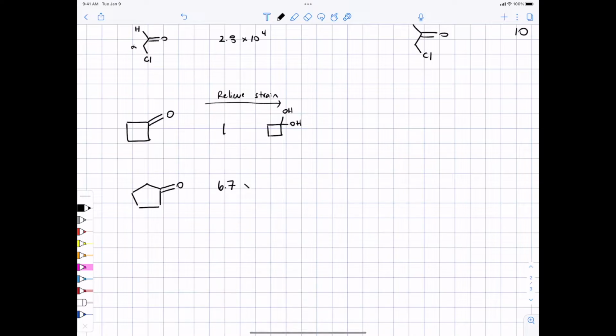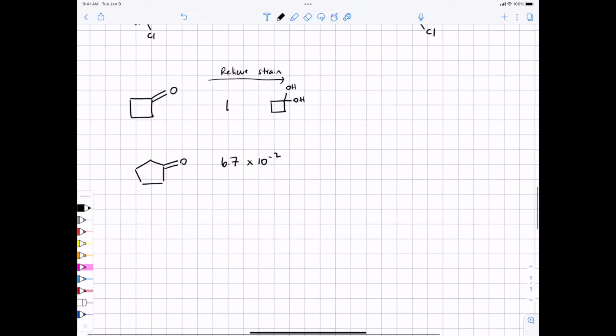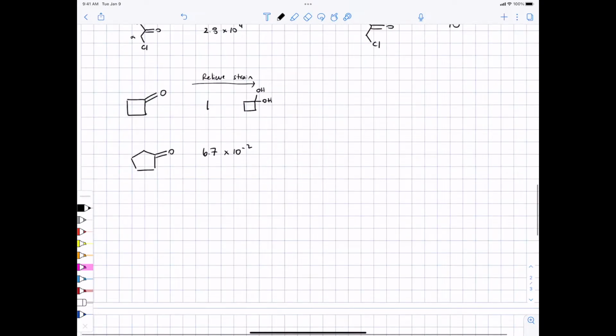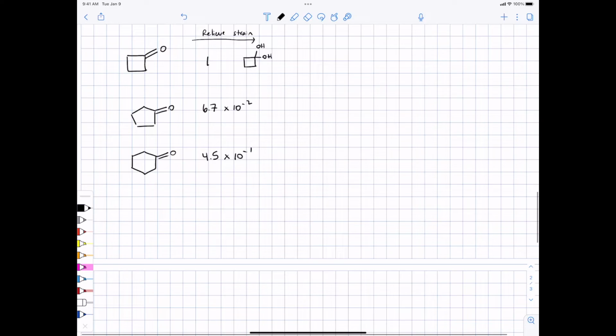So cyclopentanone is 10 to the minus 2. Interestingly, cyclohexanone is almost 10 times more reactive than cyclopentanone. And this is kind of an interesting story that you can rationalize with a chair structure.